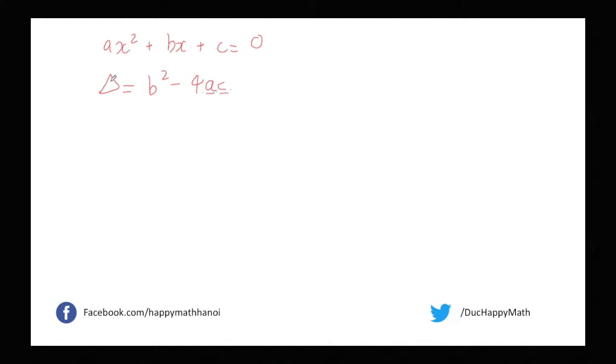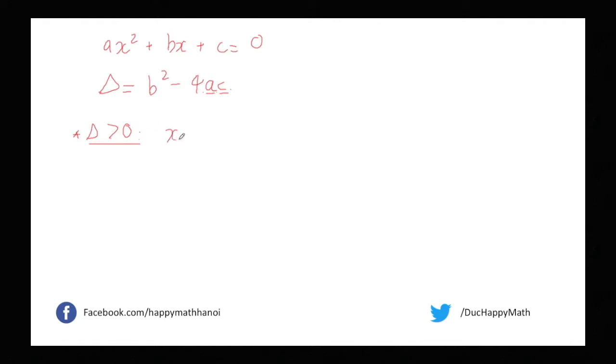After you get the delta, you will have three cases. The first one, delta is greater than 0. When delta is greater than 0, this is a second degree equation, so it has two solutions.